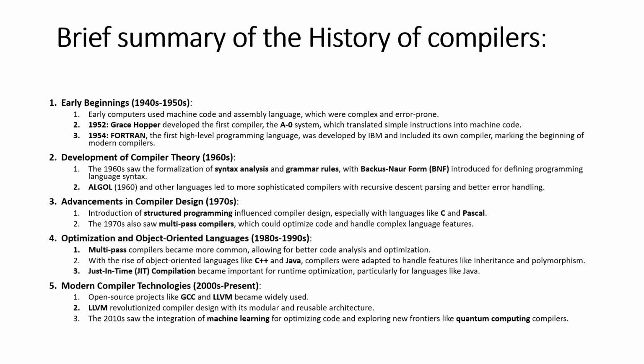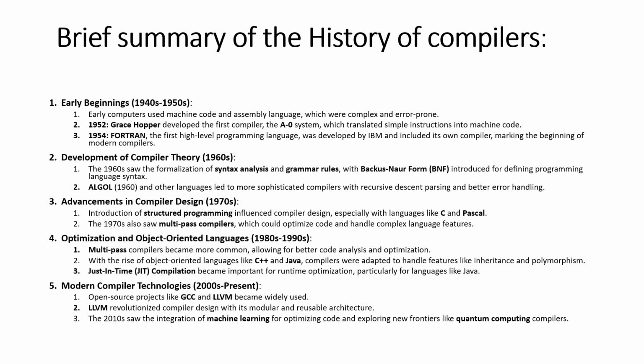Now here is a brief summary of the history of compilers. In the early beginnings, in the 1940s to 1950s, earlier computers used machine code and assembly languages for executing their programs, but they were very complex and error prone.